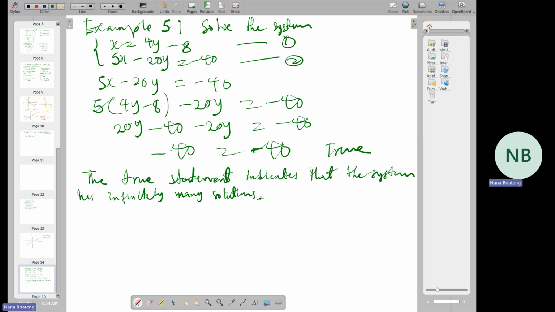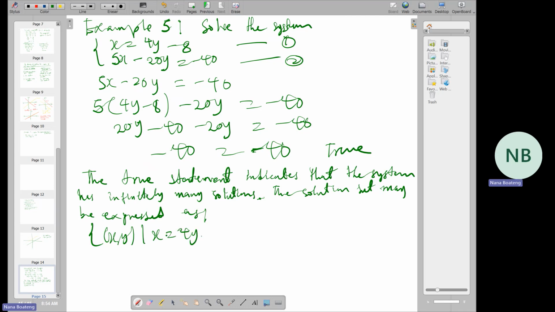The solution set may be expressed as x is equal to 4y minus 8, or 5x minus 20y is equal to negative 40.